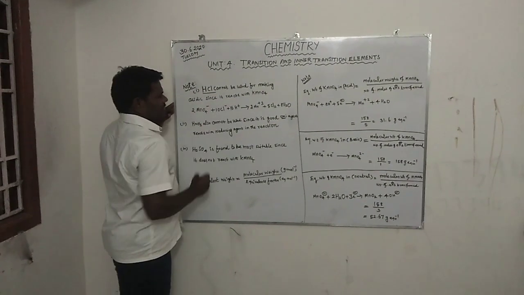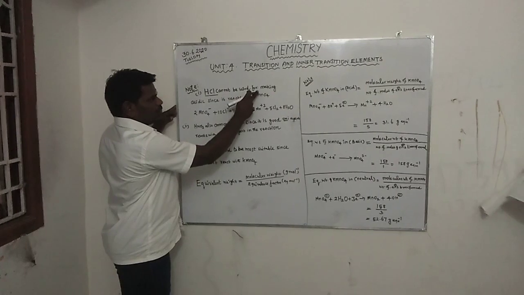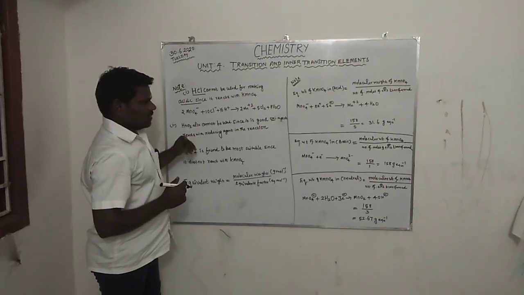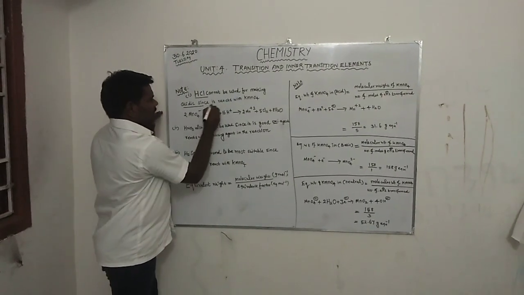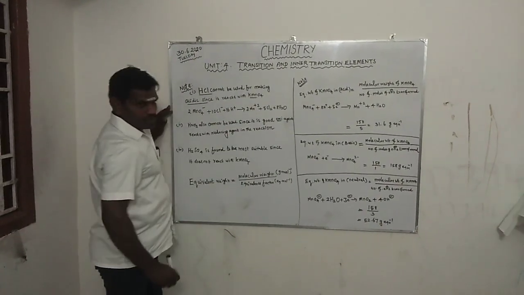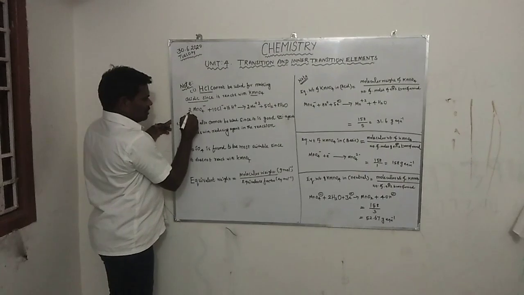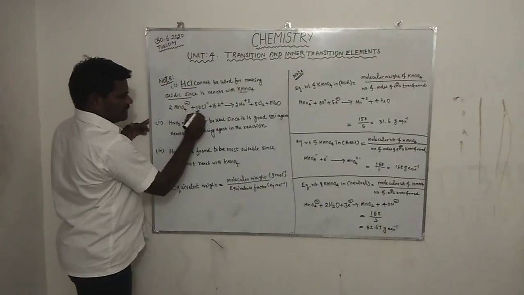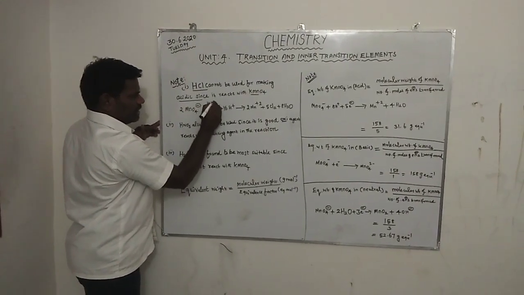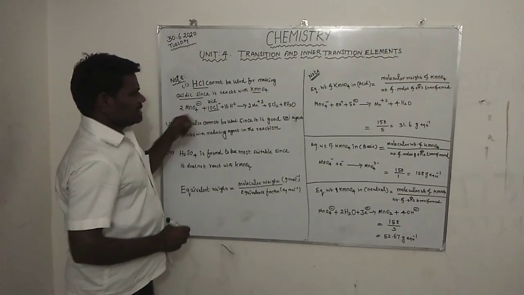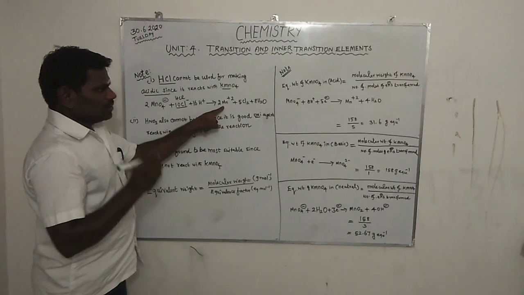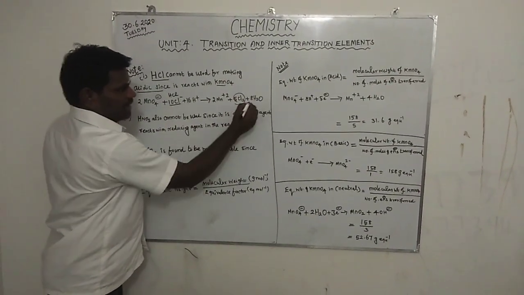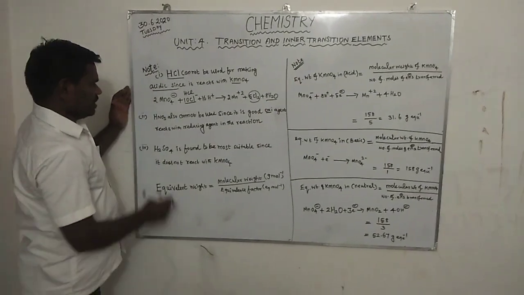HCl cannot be used for making the acidic solution. Why? Since it reacts with KMnO4 solution. For example, 2 MnO4 minus, permanganate ion, treated with HCl in acid medium gives 2 Mn2+ and chlorine and 8 moles of water.